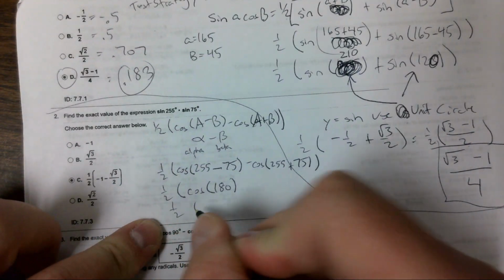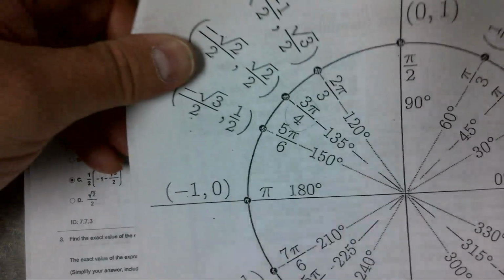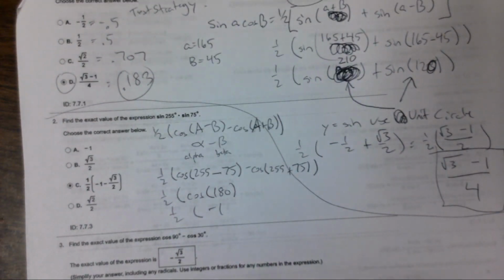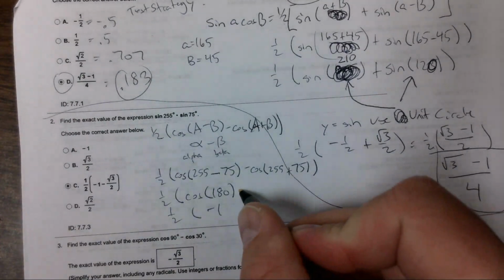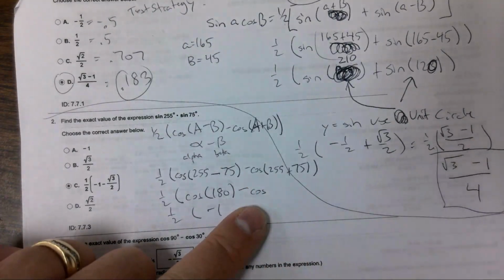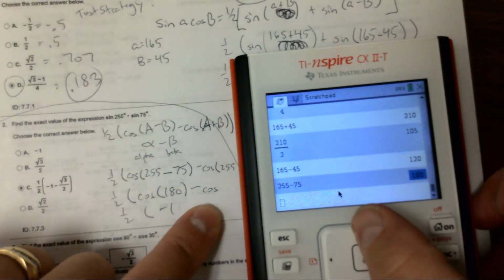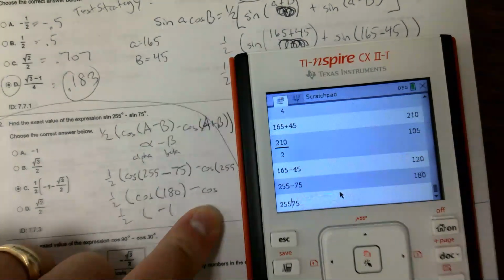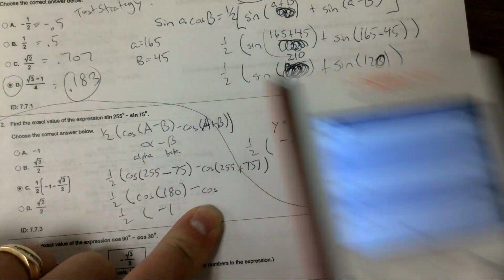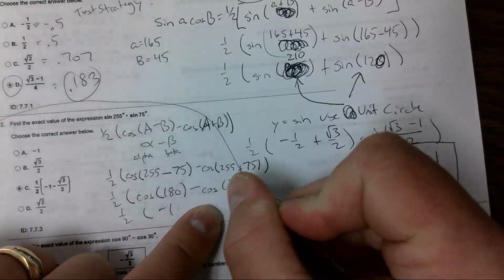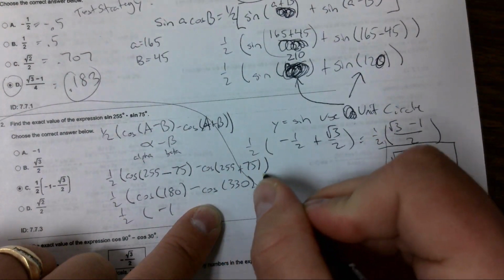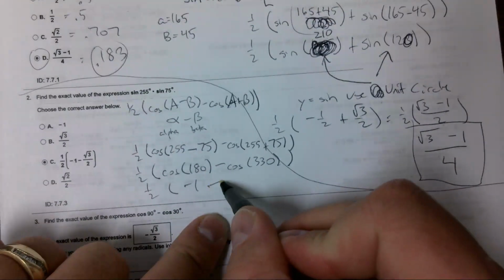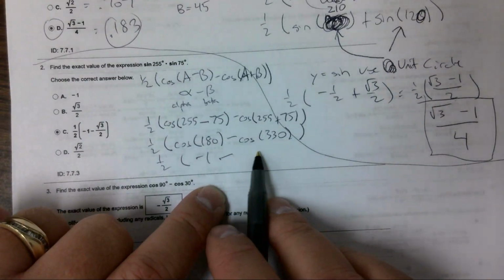Cosine at 180 is the x value, so that's -1. And then this one, 255 plus 75. I'm going to be lazy and just go up there, change this to plus, and get 330. Cosine of 330.